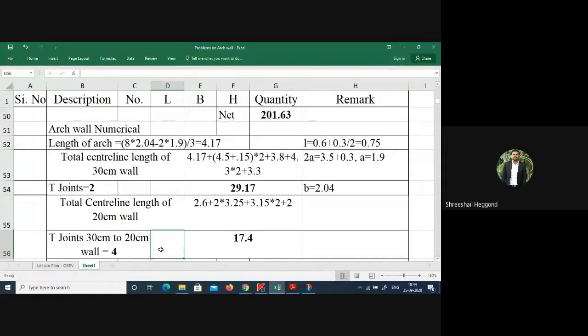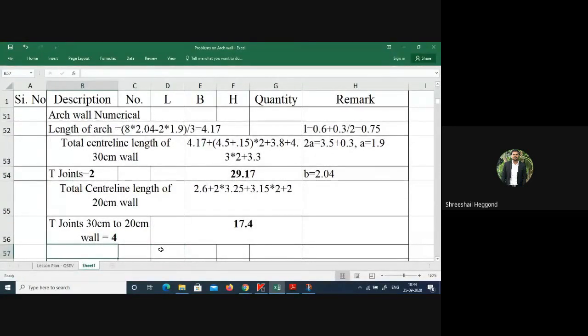Next, we need to find out how many T junctions, T joints, are there between 20 centimeter and 10 centimeter.